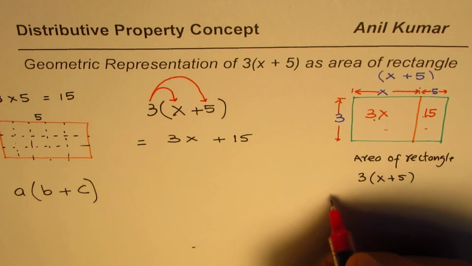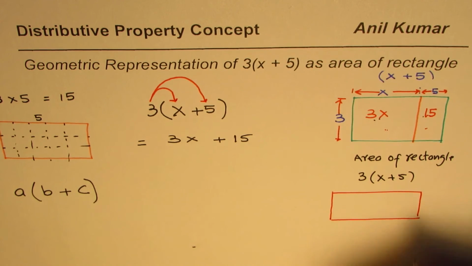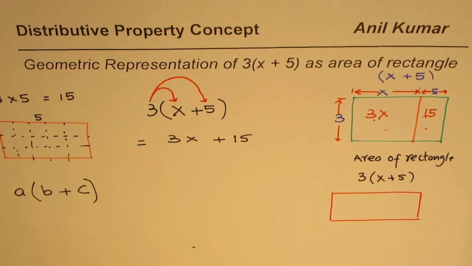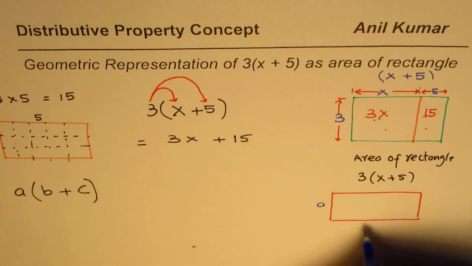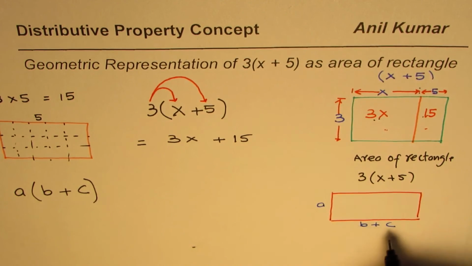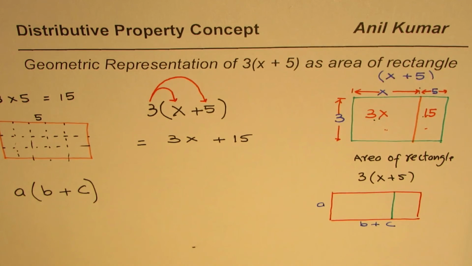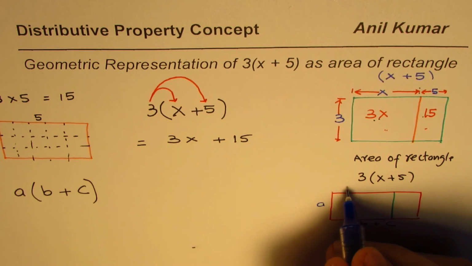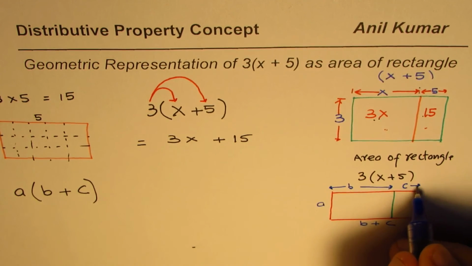In our model, one side of this rectangle is going to be a for us. The other side is going to be b plus c. Since it is b plus c, we'll divide this length in two parts so that one of them is b, and the other one is c.